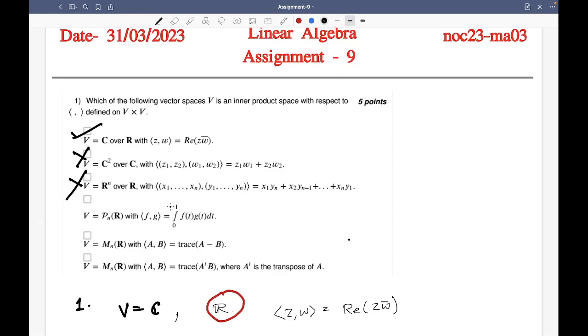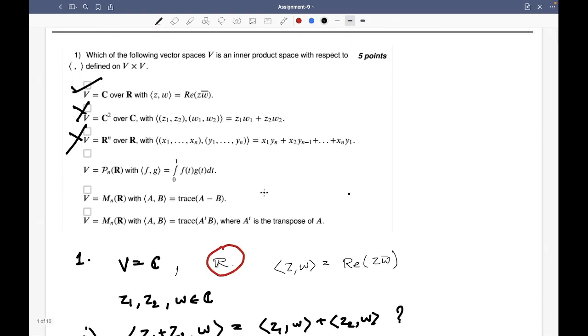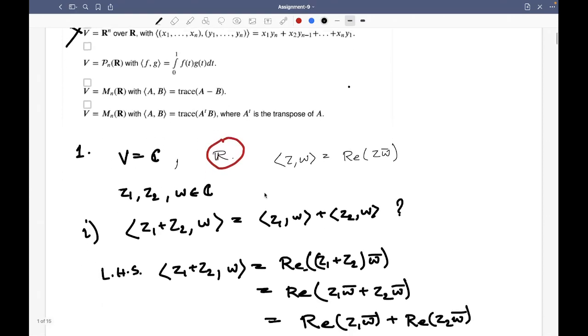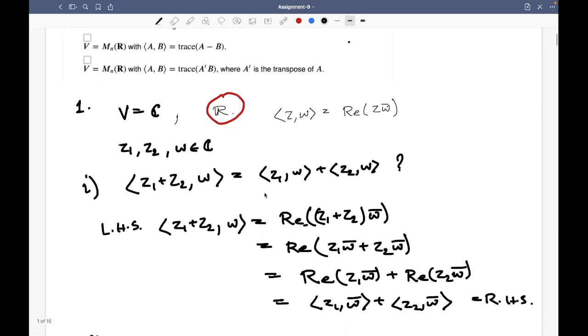Now the next option, this is option number 4. The vector space is Pn, the set of all polynomials of degree less than or equal to n, and the inner product of f and g is defined as the Riemann integration of f times g from 0 to 1.